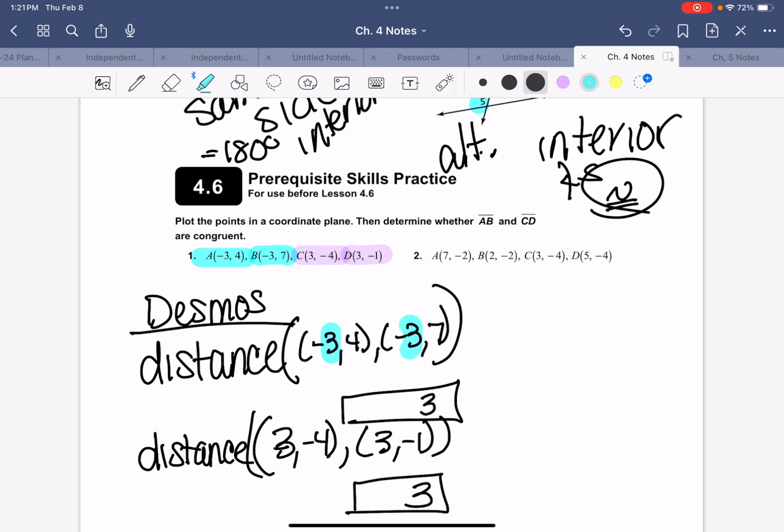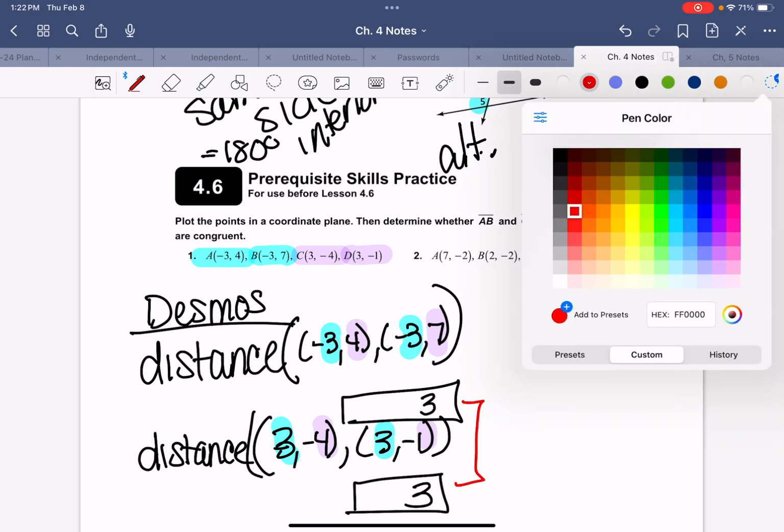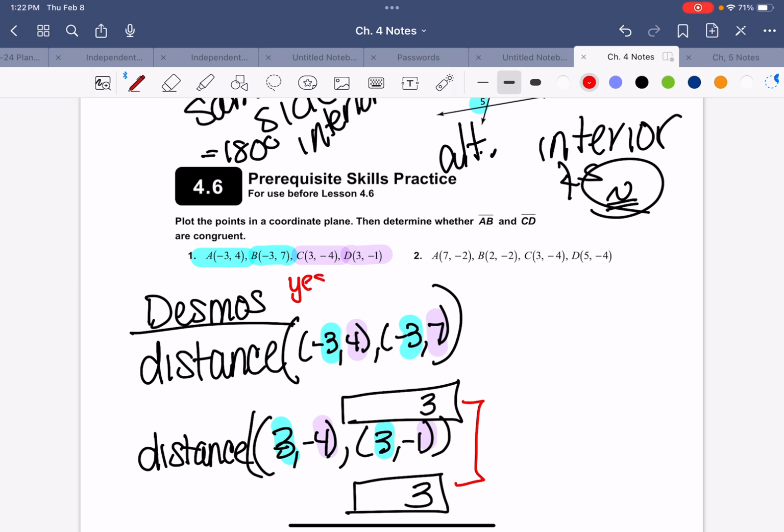I noticed that both my x coordinates were the same on each one of these, so all I really needed to do was subtract my y coordinates. But if you can't remember how to do that, again, put it in Desmos. Both of these distances came out the same, so can I say that yes, segment AB is congruent to segment CD, and that's exactly how you'd write it.